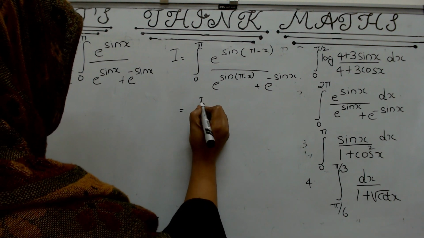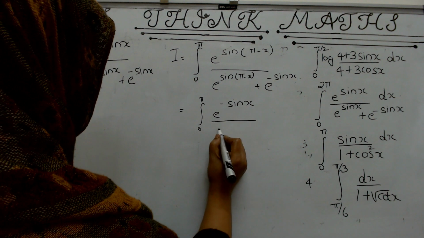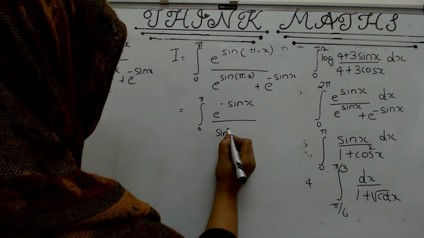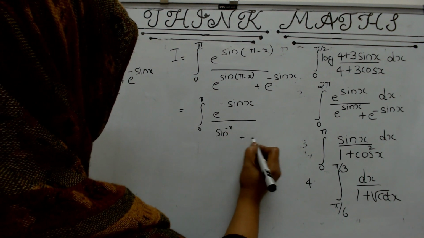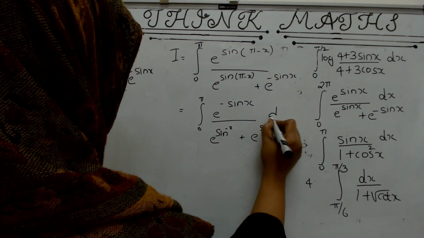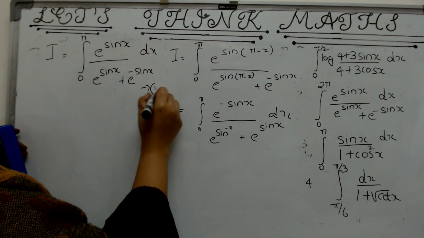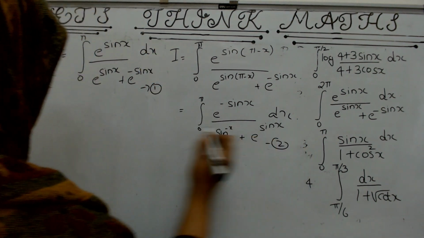So 0 to pi, what did we find? This was actually minus sin x, and this was your first function, and this became your second function.